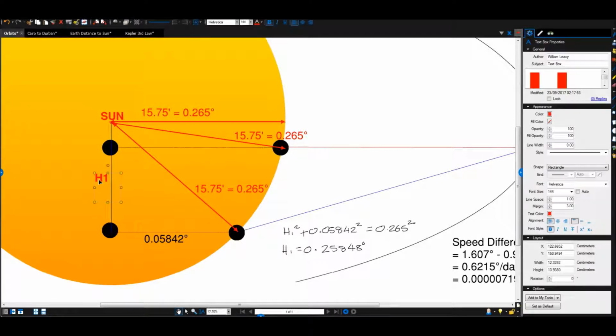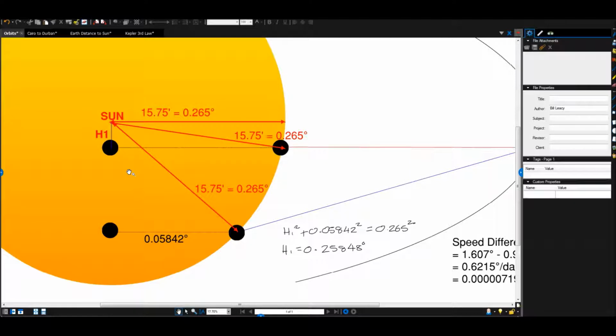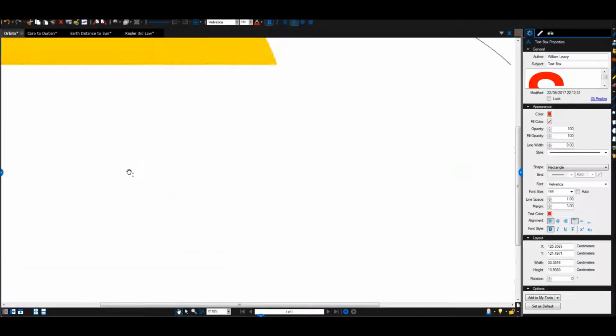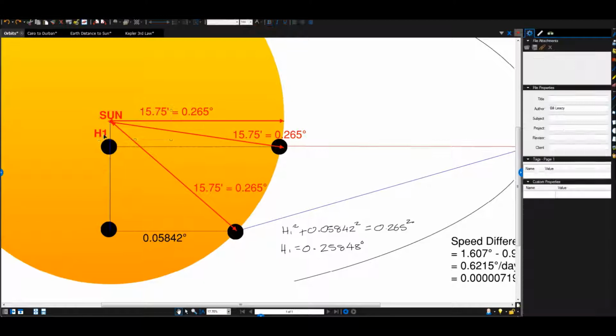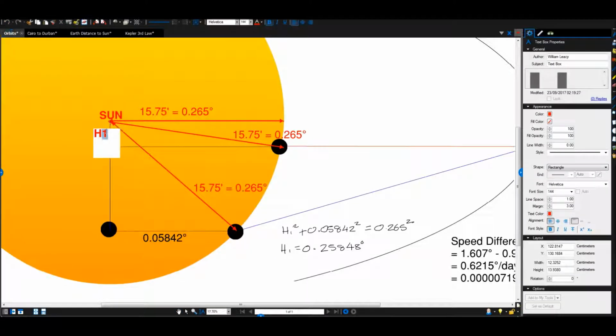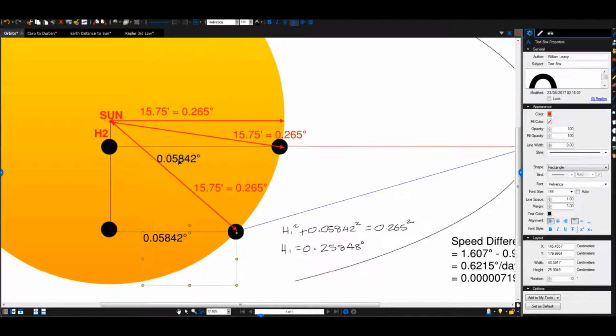Now what about H2? H2 is going to be this distance here. So we know that this distance from here to here, we remember that, I think it was 0.08988 degrees.